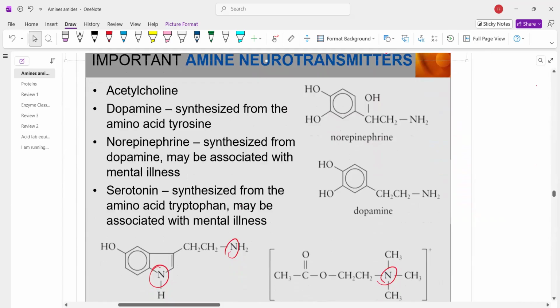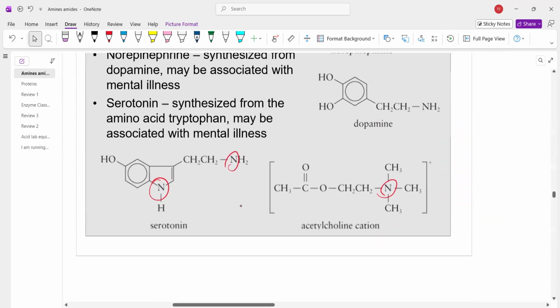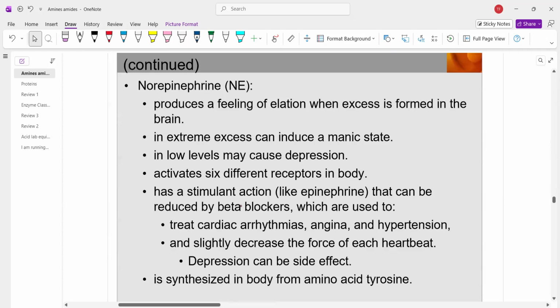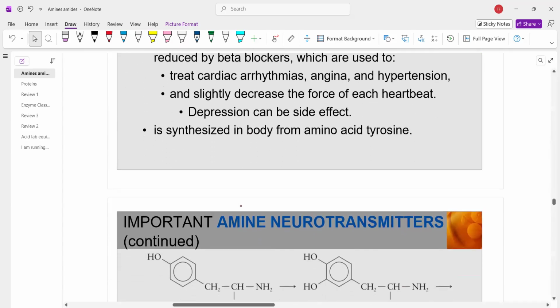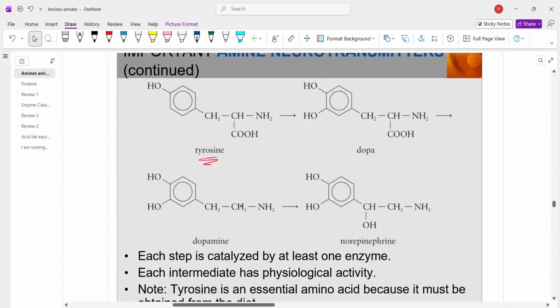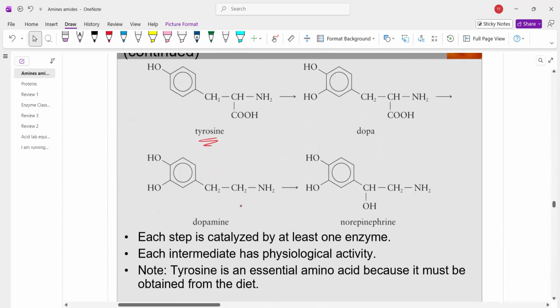Acetylcholine, dopamine, norepinephrine, serotonin, lots and lots of biochemicals that are nitrogen based. As you can see, they're really prevalent. So the chemistry of nitrogen in biochemistry is really important because it's so ubiquitous.